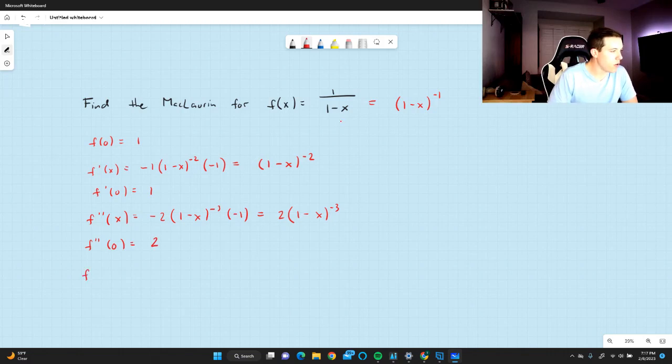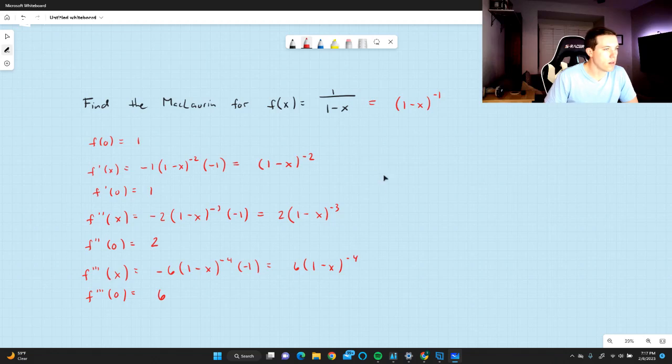Okay, let's find the third derivative and hopefully find a pattern. The third derivative is, it's another chain rule, negative 6 times 1 minus x to the negative 4 times negative 1, which is 6 times 1 minus x to the negative 4. Plug in 0. The third derivative at 0 is 6.